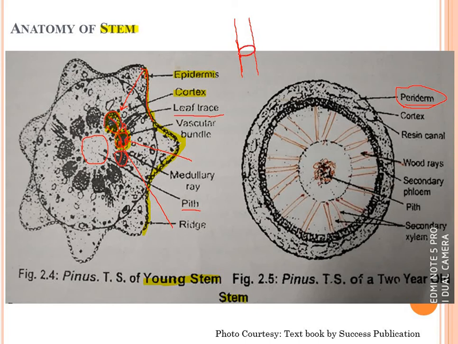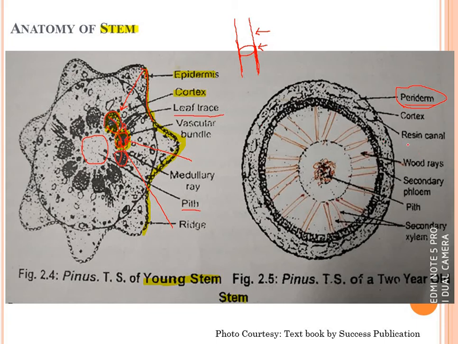For example, this is the stem and periderm is the outermost covering of the stem. It is also known as bark. And how is this bark formed? It is formed due to the secondary growth, or secondary cambium present within the cortex, and that secondary cambium is responsible for the formation of periderm.